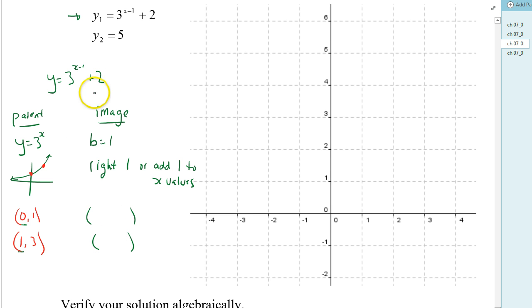We'll get to the +2 in a second. So 0 plus 1, we'll get a 1 here, and this 1 plus 1 will get a 2. I'm going to switch to blue for our next point. We also have a d value equal to 2, so that means up 2, or add 2 to y values.